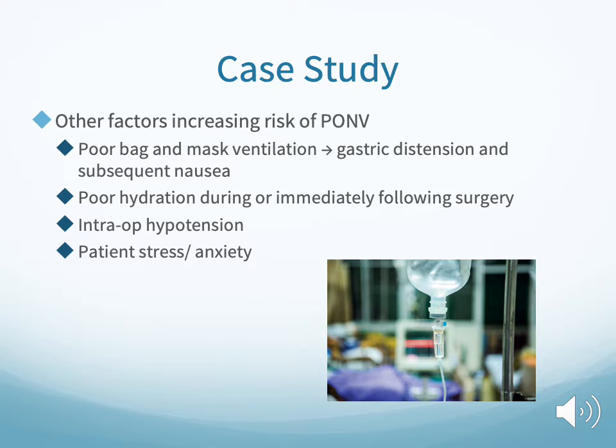Since this was a study from Scotland, they use gelifusin, which is a colloidal volume replacement that is modified fluid gelatin. Patient was well oxygenated, which has also been shown to decrease PONV by 50%. For the treatment of hypotension, ephedrine was used.